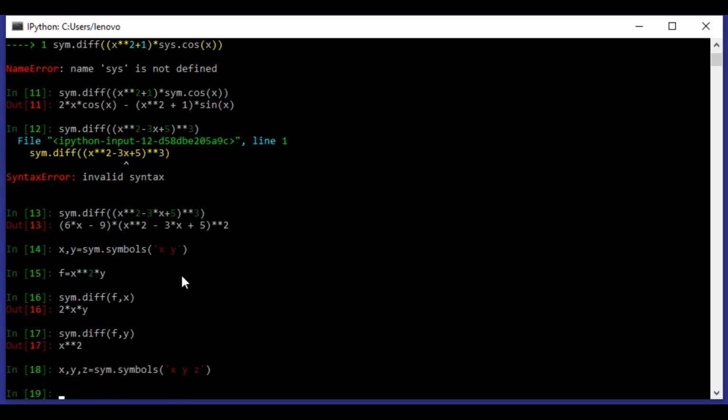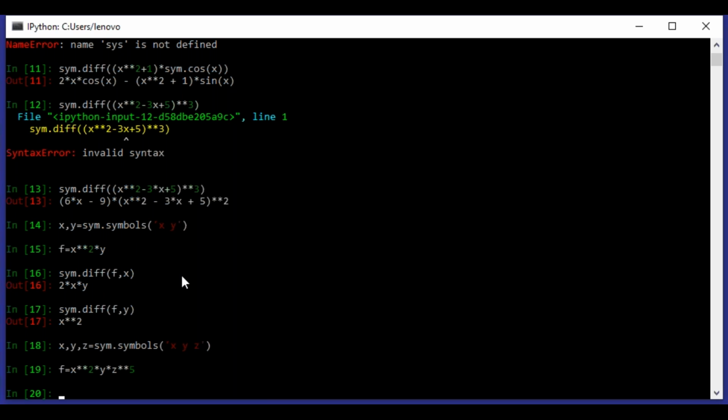We are using a multivariable function, with partial derivatives with respect to three variables x, y and z, and we give our function whose partial derivatives are to be found out. Here f equal to x squared into y into z raised to 5. That is our function.